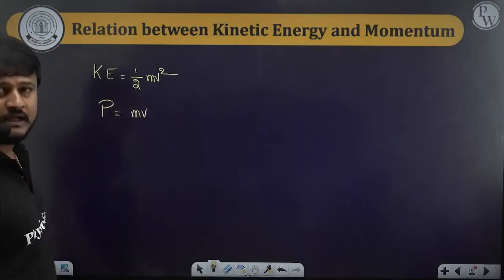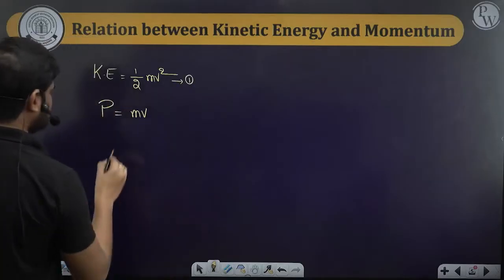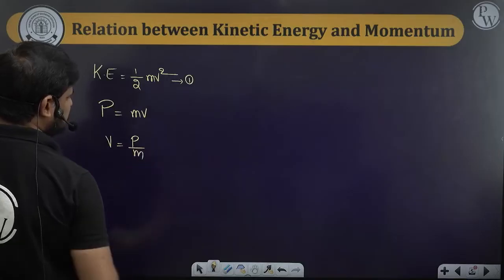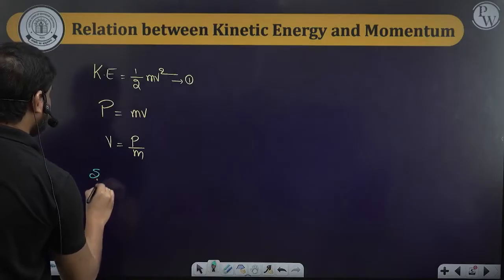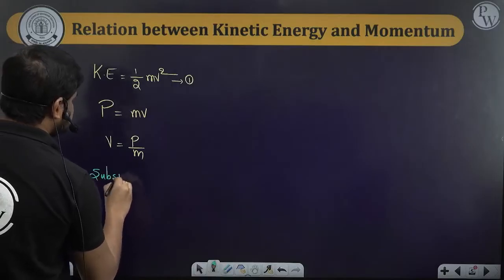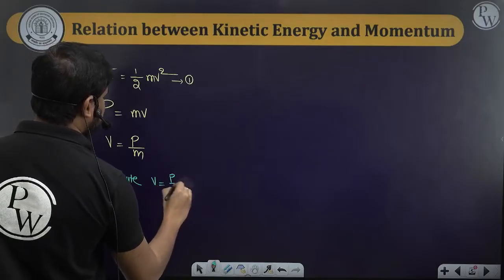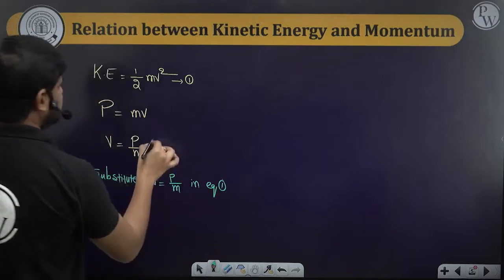Let it be equation number 1. So now what I am doing is, let's write v is equal to p by m. Now substitute v is equal to p by m in equation number 1.